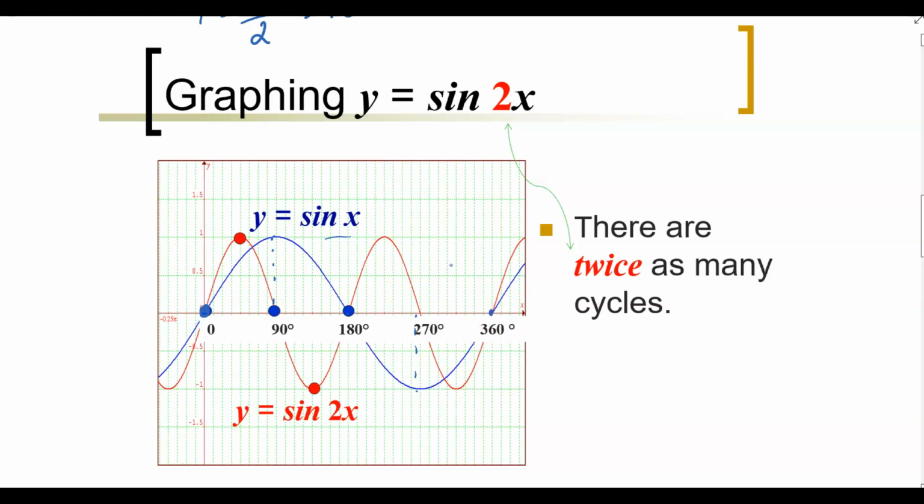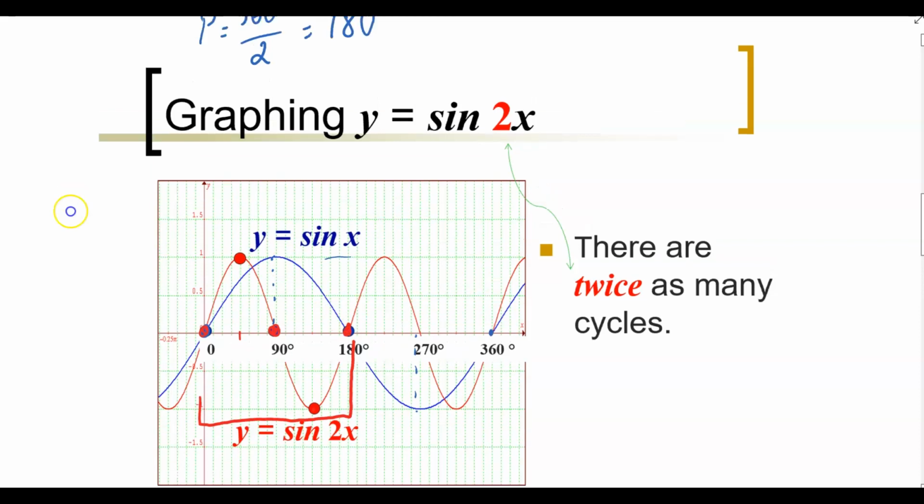For y equals sine 2x, what happens is we need to see one period within 180 degrees. And you see that. We will see the first 0, the first maximum, the second 0, the first minimum, and the third 0.